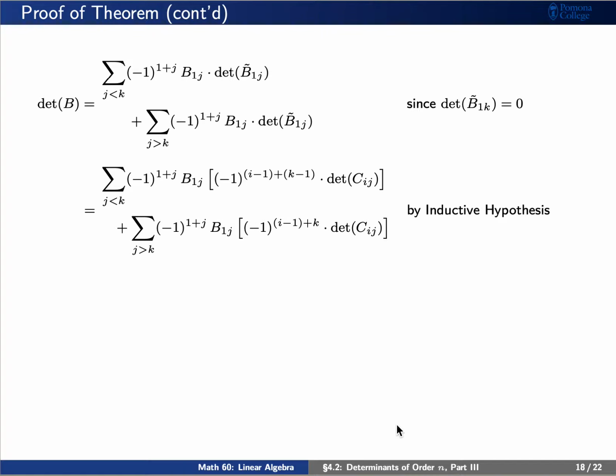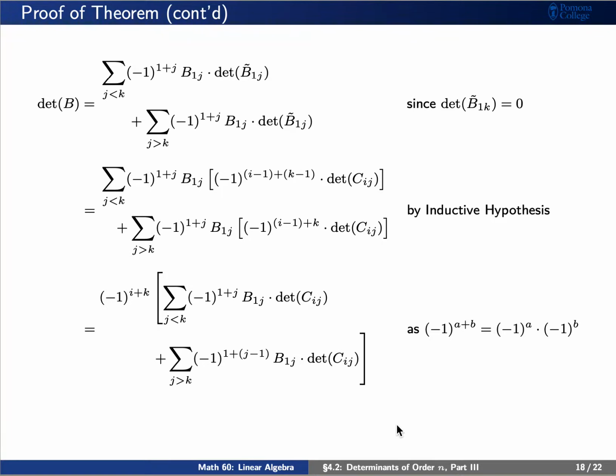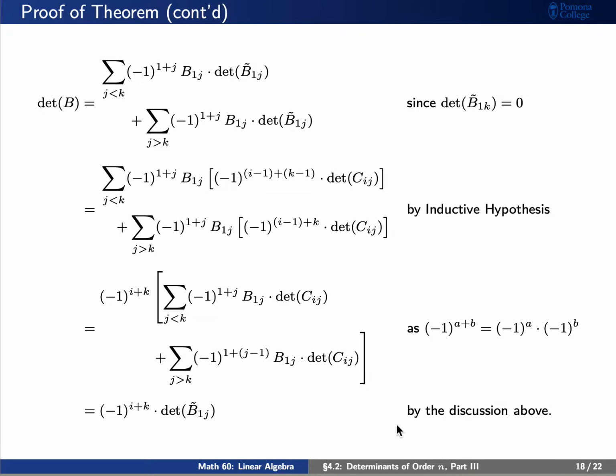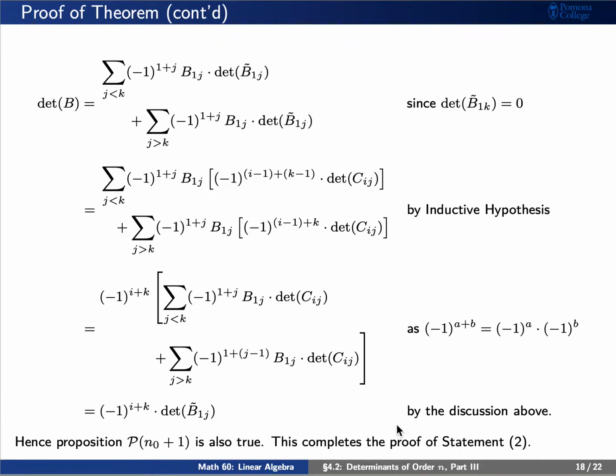We can substitute in what we had from the inductive hypothesis in terms of our matrix C_ij. Now, by just combining the signs together in a clever way and using the initial expression we had for the determinant of B_1j tilde, we see that this is actually an expression involving the determinant of B_1j tilde. Hence, proposition P(n0 plus 1) must be true, which actually completes the proof of statement 2.